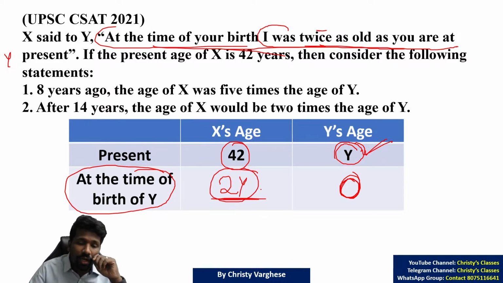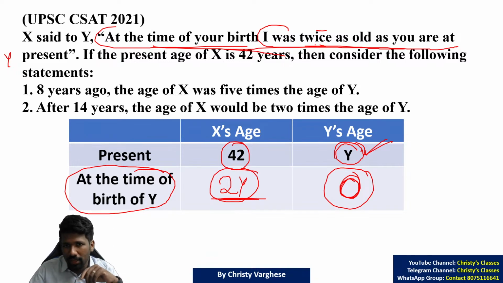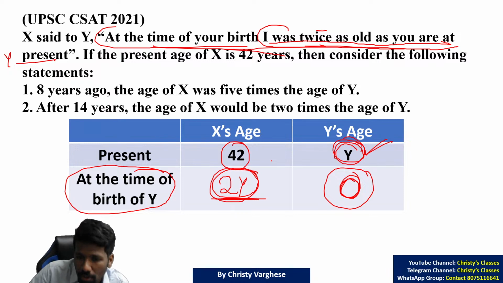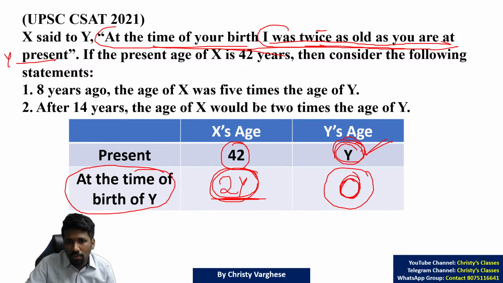2Y years old. How? That is what this sentence is saying. At the time of your birth, that means at the time of birth of Y, X was twice as old as you are at present. Presently Y is Y years old, so twice that means 2Y years old. Now it is easy to solve. What can be equated? Present and at the time of your birth.